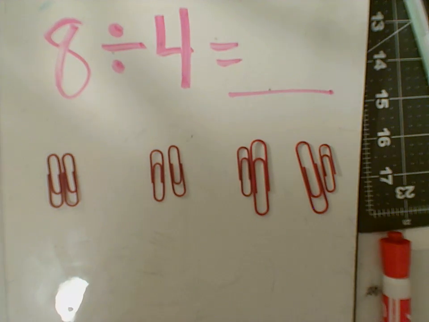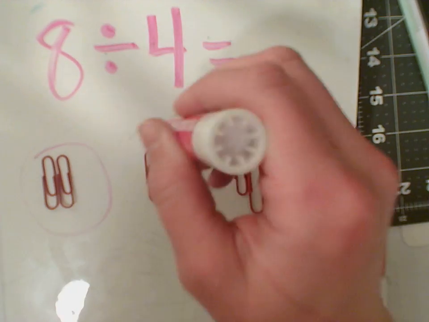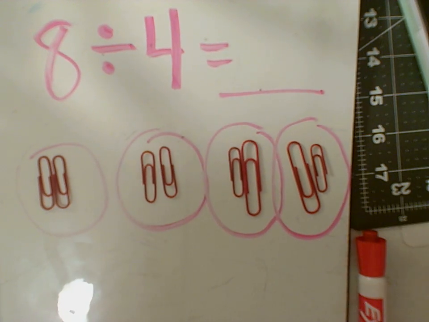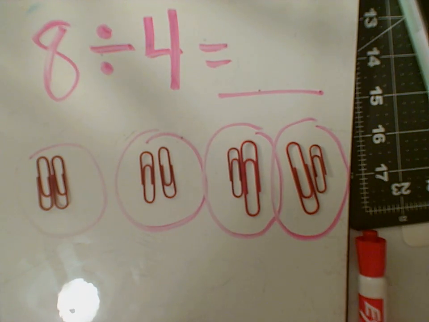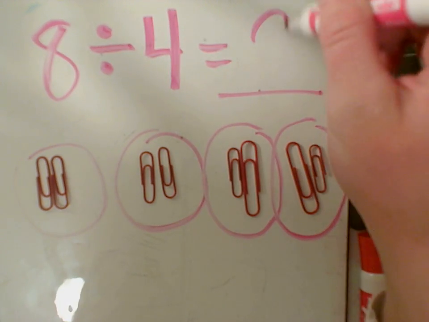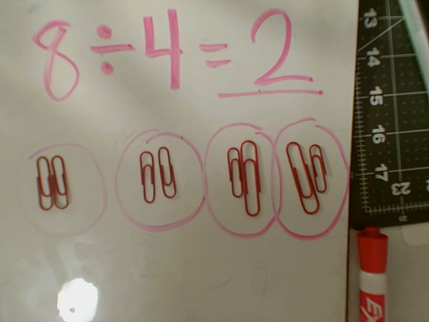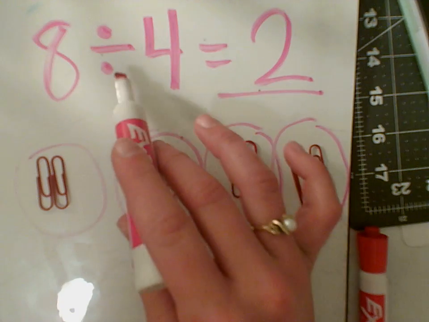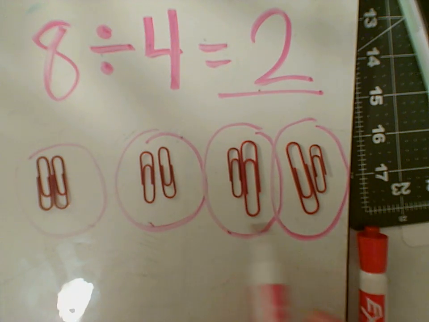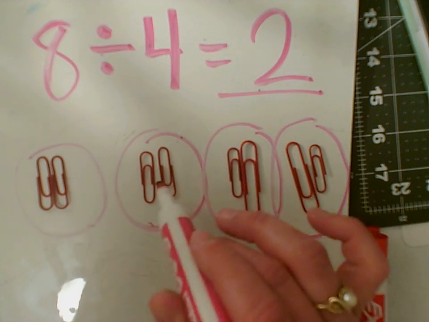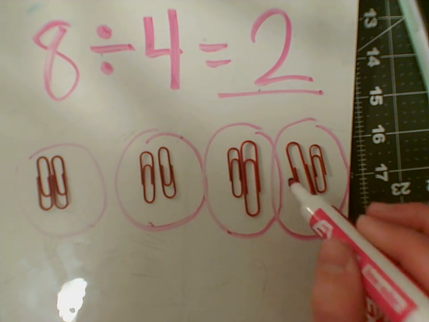Now, in my 4 groups here, how many paper clips are in each group? 1, 2. Do you see how I did that? I had 8 paper clips and I divided into 4 groups. How many paper clips are in each group? 2.